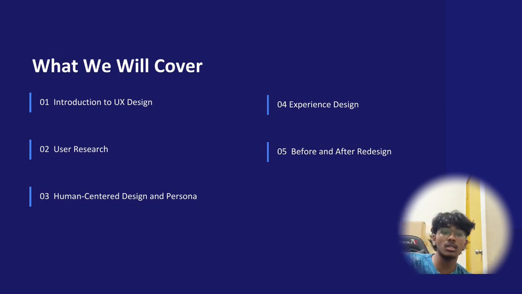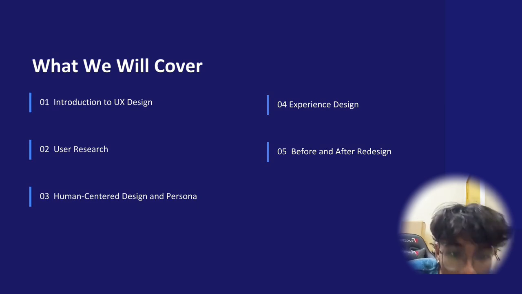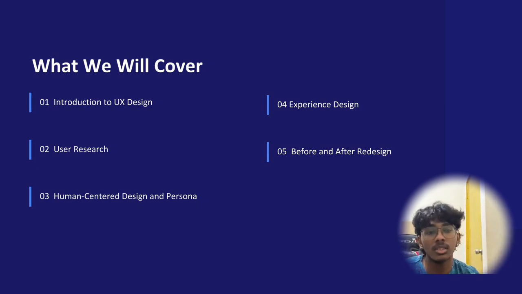Following that, we'll discuss our approach to human-centered design, including the personas we developed to represent our target users. We will present our design process, covering the principles and methods we applied during the design. And finally, we'll conclude with a before and after redesign comparison, showing the concrete improvements we made to the MyRapid application.